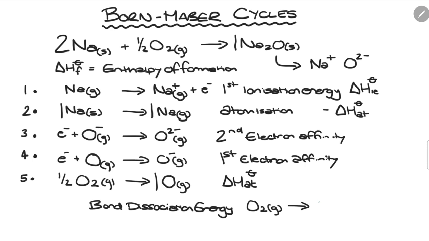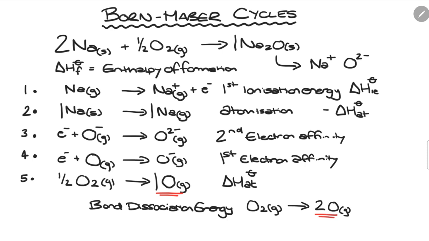Breaking 1 mole of the covalent bond would have split 1 mole of oxygen molecules in half, and doing so would have created 2 oxygen atoms. In this example, we only want to create 1 oxygen atom here, rather than the 2 oxygen atoms here.